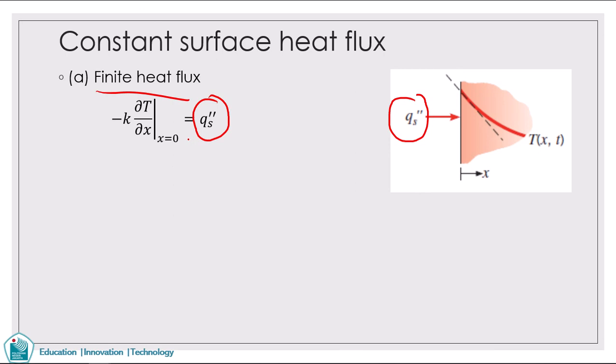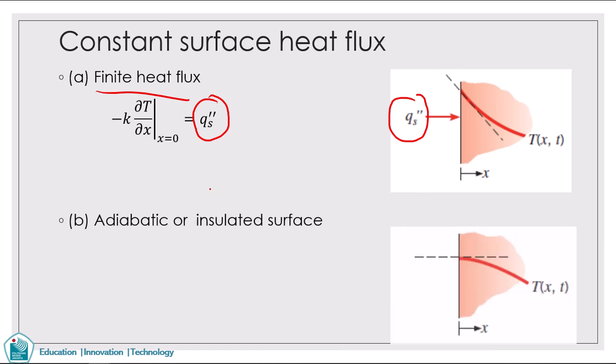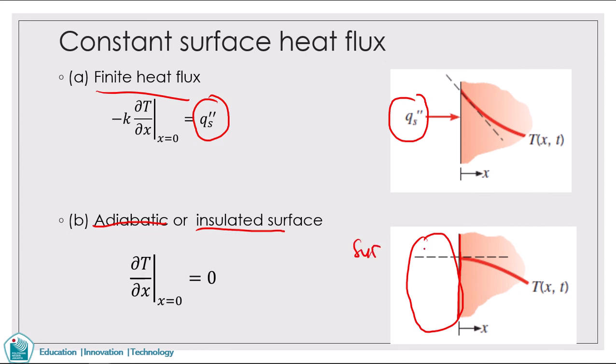Then the second case is called the adiabatic or insulated surface. In this case, since there is insulation near the surface of the object, heat cannot escape from the object to the surroundings.